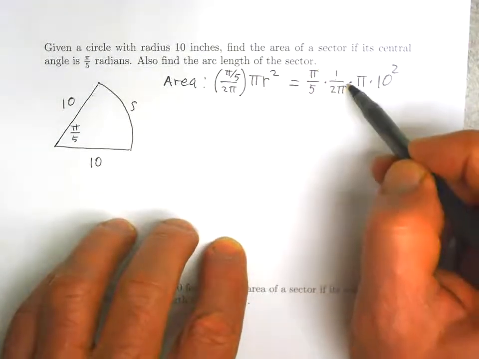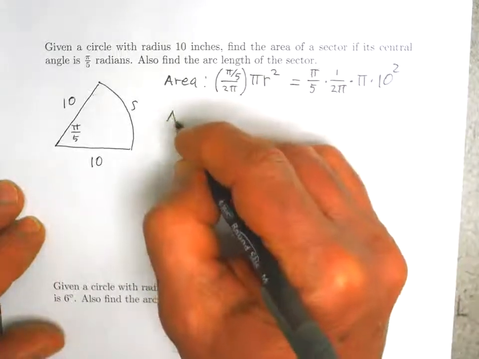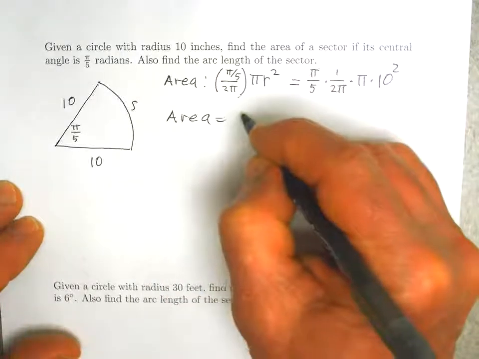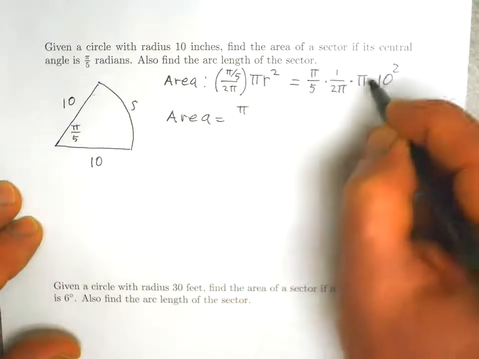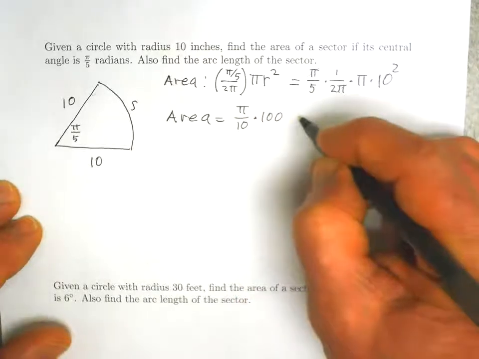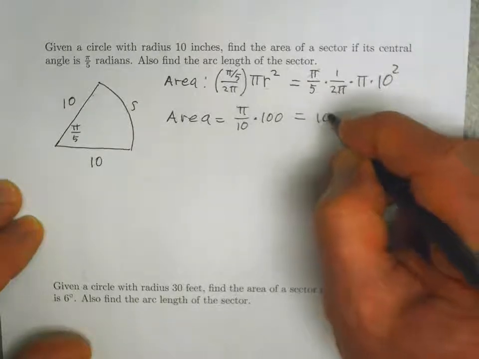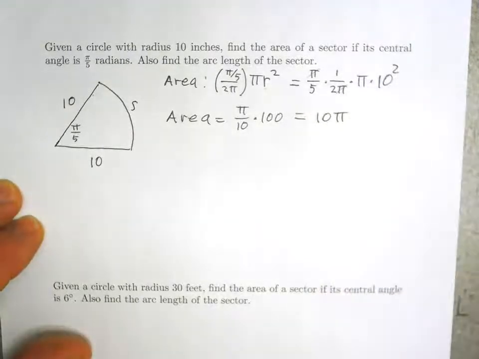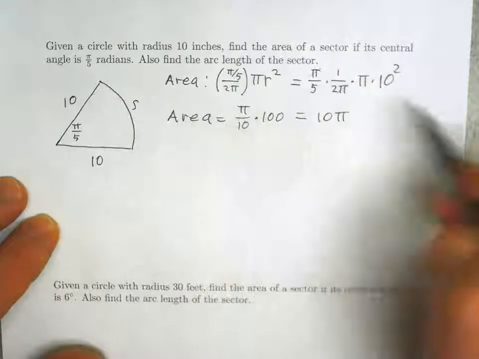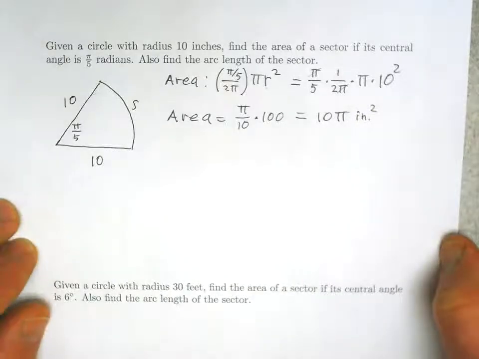So these pi's cancel, so I'm going to get the area equals pi over 10 times 100. And pi over 10 times 100 simplifies to 10 pi. And then we should include the units for the area. Since the radius is given in inches, this will be square inches for the area.